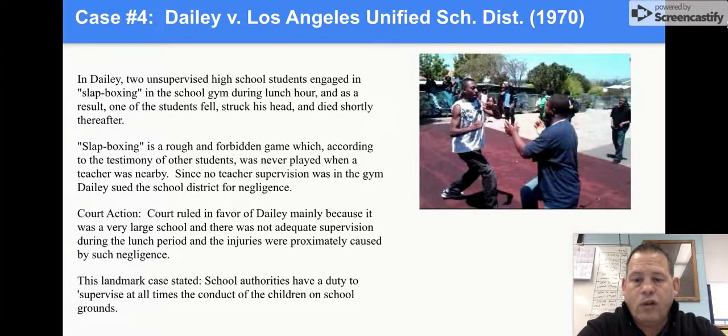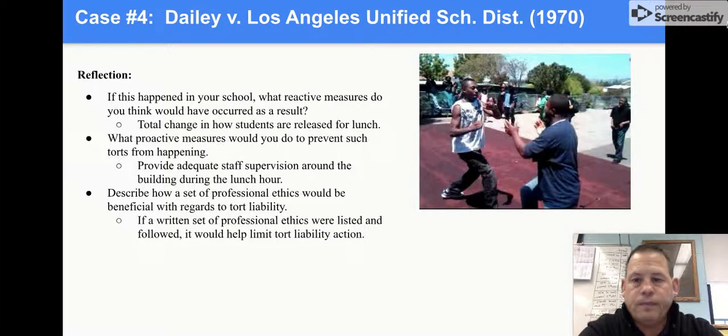The court ruled in favor of the family, mainly because this was a very large school district and there was not adequate supervision during the lunch period, and the injuries sustained probably could have been prevented if teacher supervision would have been there. Like I said, this is a landmark court case dating all the way back to 1970.